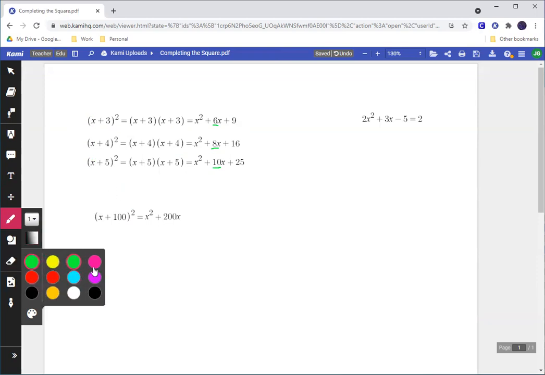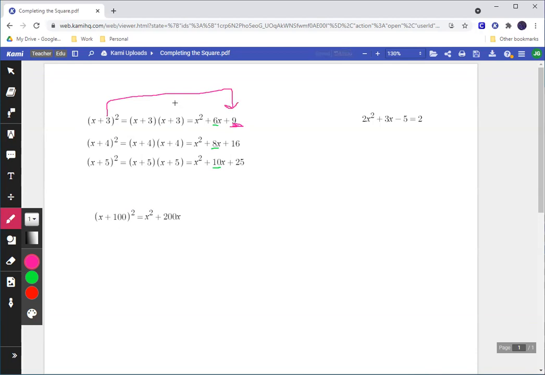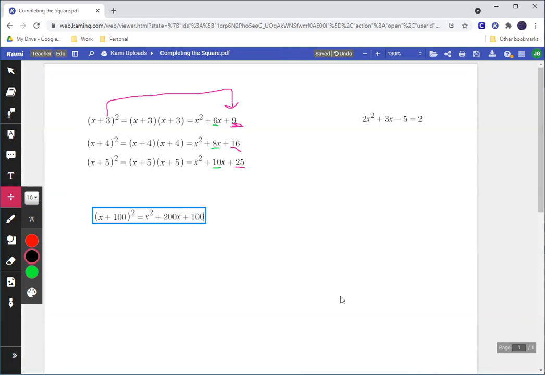The other pattern is that this last number is always that number times itself. So 3 times 3 is 9, 4 times 4 is 16, 5 times 5 is 25. And going over here with our 100, 100 times 100 is 10,000. So again, that pattern is always there.